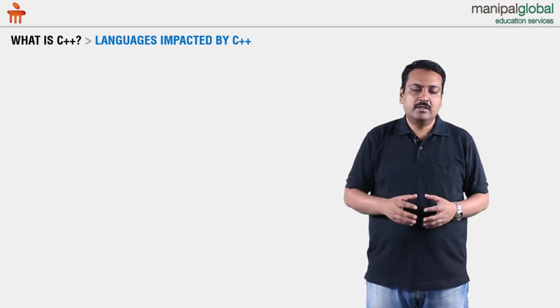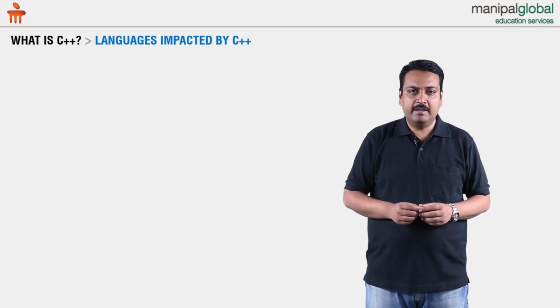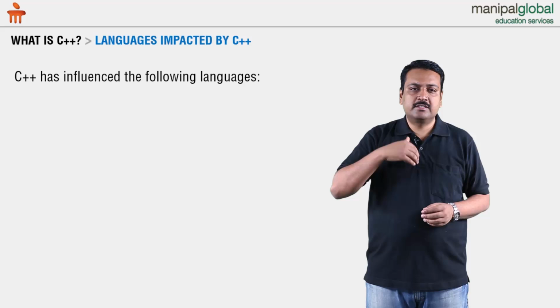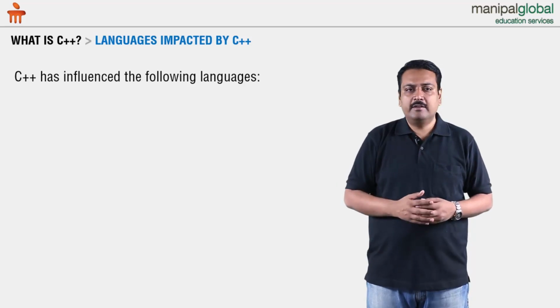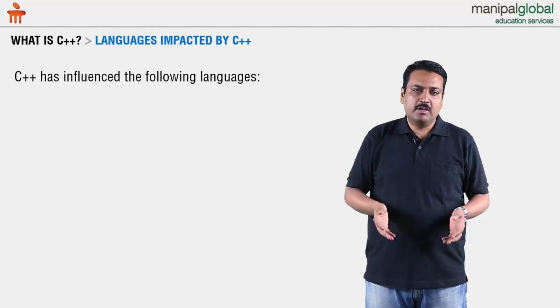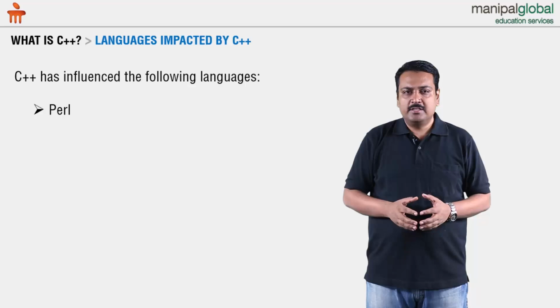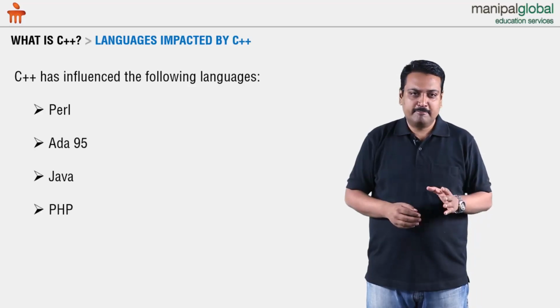Let us learn about the languages that have been impacted by C++, or languages that C++ has influenced. There are many languages that C++ has influenced, like for example, one of the major languages that has been influenced by C++ is Java.